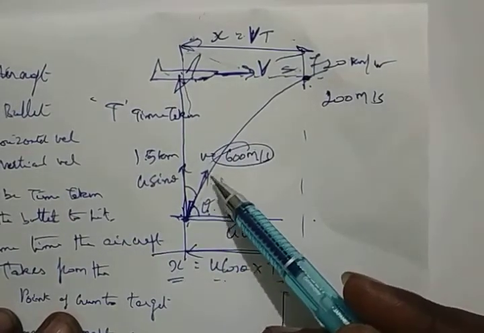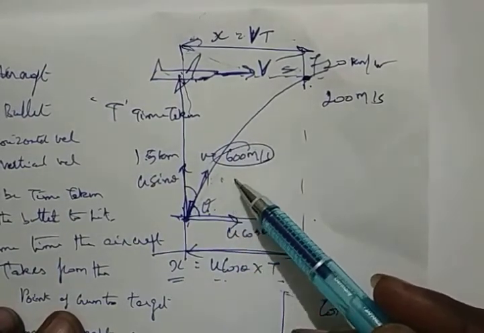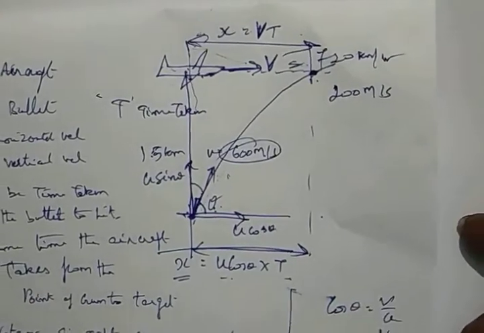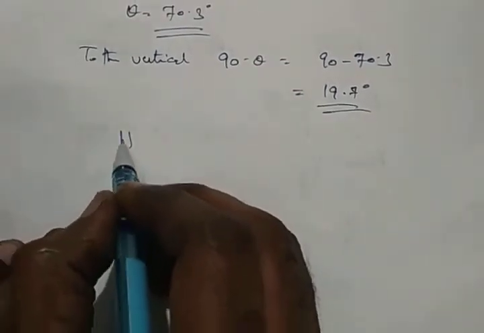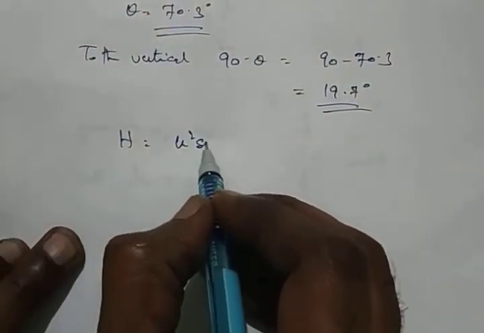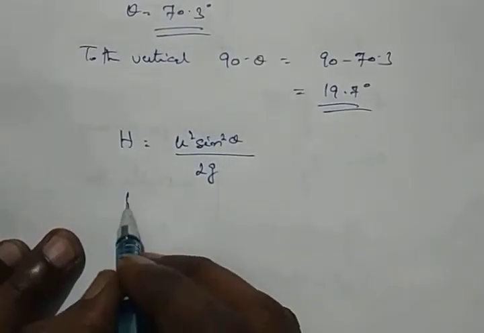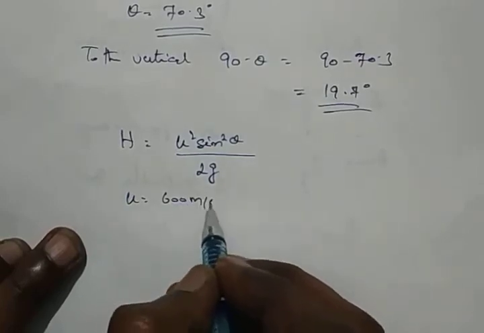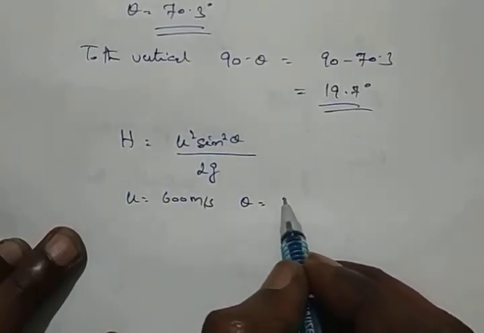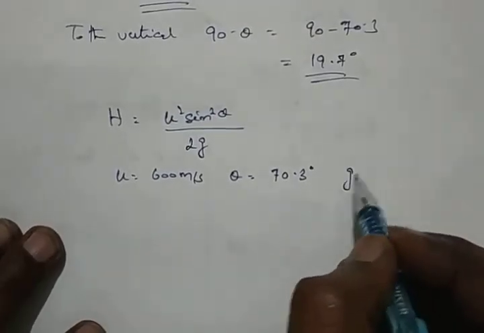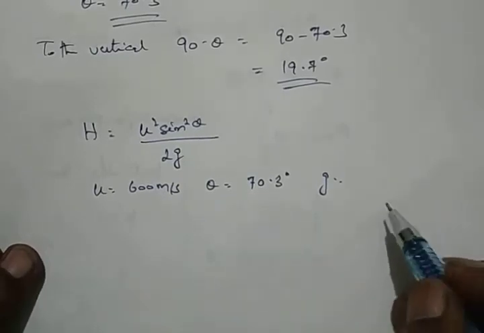Now you need to find out the maximum height this one can hit. So you're going to see the same question in terms of the maximum height which is possible. Write down height is going to be equal to u squared sine squared theta upon 2g. So u is 600 meter per second, theta is already 70.3 degrees, and g is given here as 10.